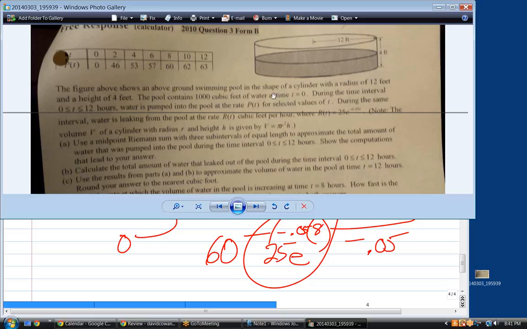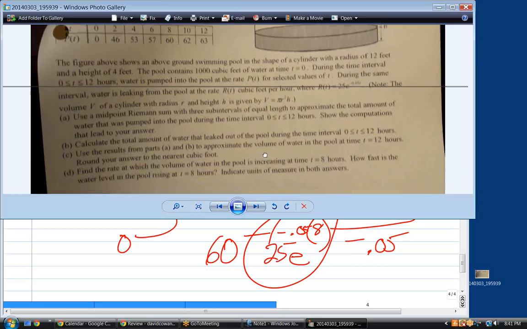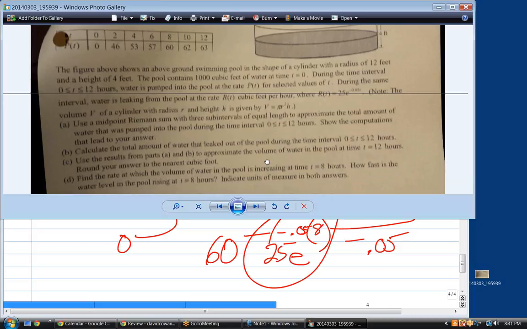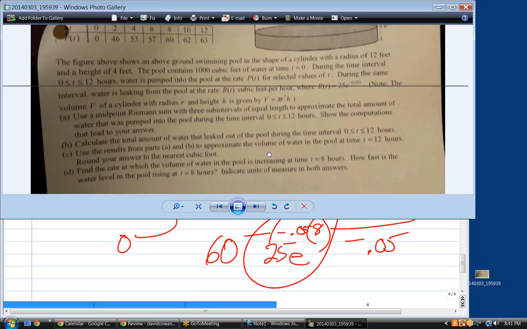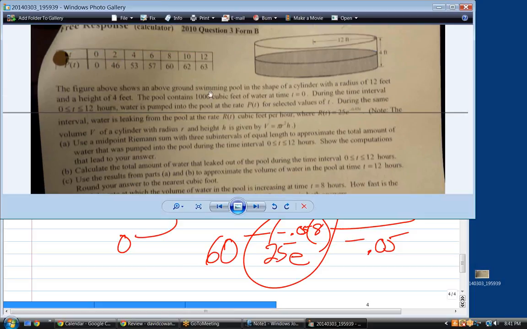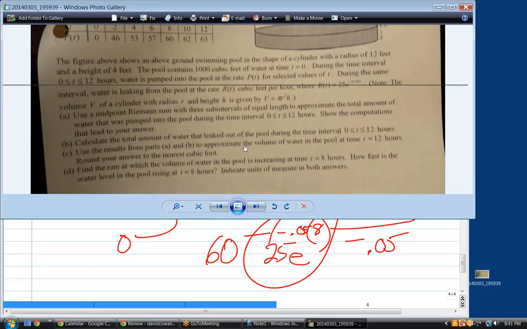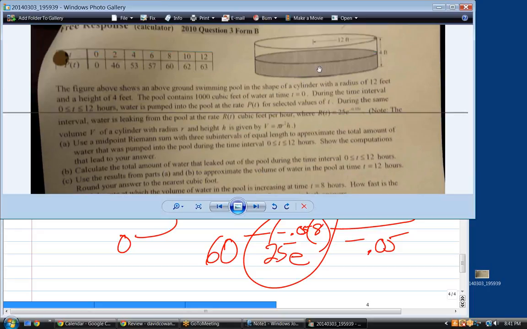So the amount that was added is the total amount added minus the total amount leaked out, and we figured that in A and B. I got 660, and minus the number that came out, 225, it's 1,434. And C says they want the amount of water in the pool at 12 hours, so we need to take the amount that we started with, 1,000, and add whatever the net was that you came up with. Yep, I got it.